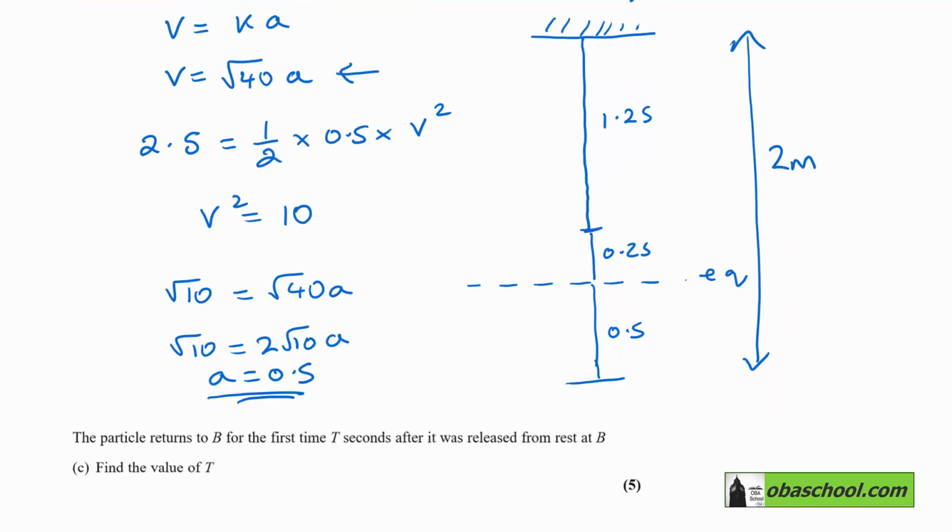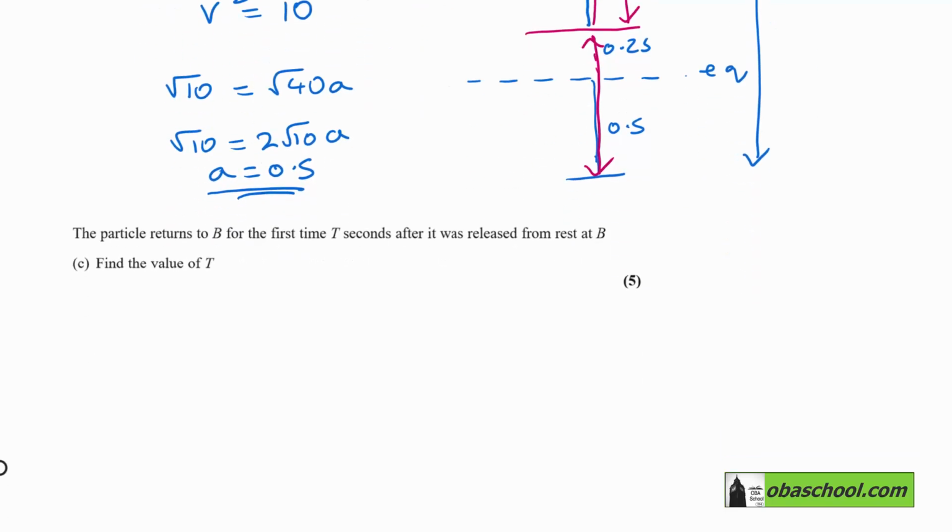The particle returns to B for the first time t seconds after it was released from rest at B. Find the value of t. Now, the string is going to become slack there. And then it's going to have free motion for this part. So it's going to do SHM in this region here, and then free motion for the part up there.